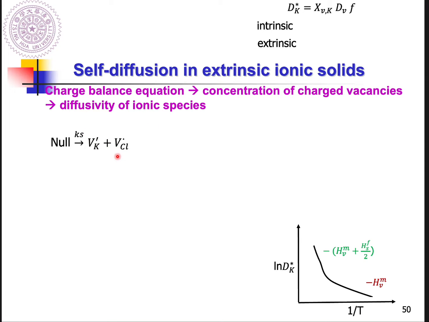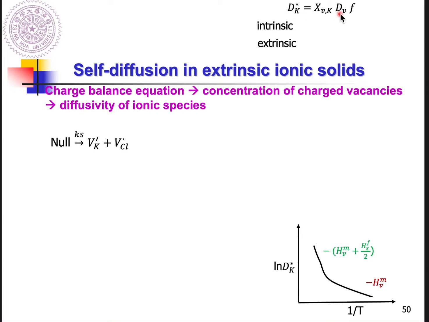Based on the previous slide, we know that the self-diffusivity for potassium is proportional to the vacancy fraction at the potassium site, right? So if we want to manipulate the diffusivity of potassium ions, that means you can either increase or decrease the diffusivity.